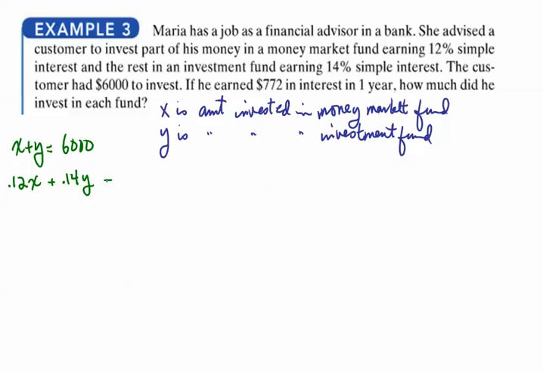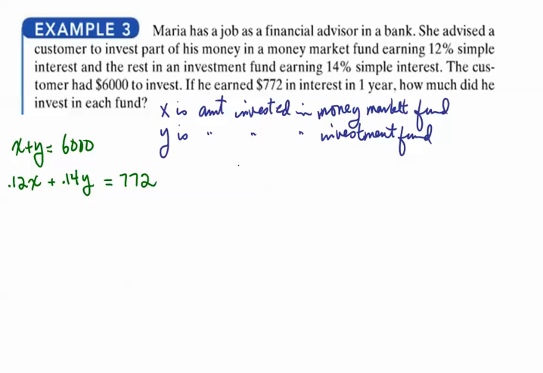Now we know that the total amount that she earned in interest in 1 year from both accounts was $772. And so now we have the two equations that we're going to use, and we can solve the first equation for one of the variables.